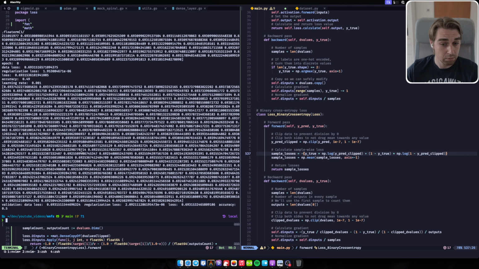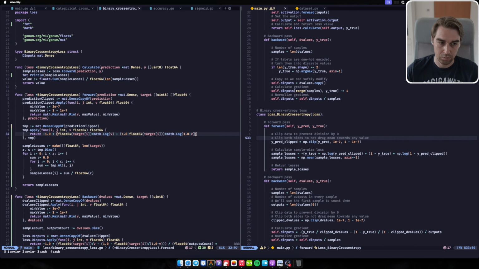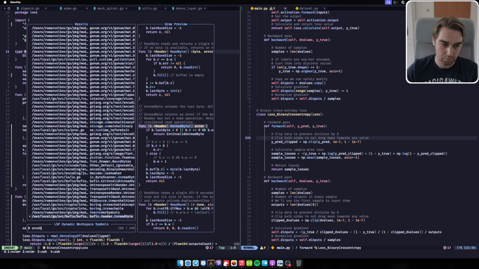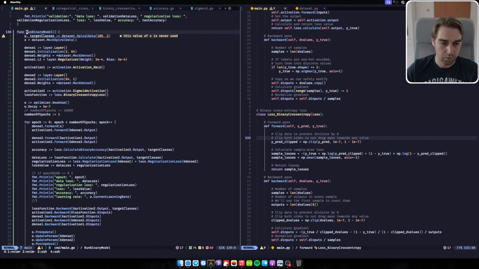Really? Well, I still have the question about the regularization loss, because here it seems it's non-zero. Okay, run binary model.